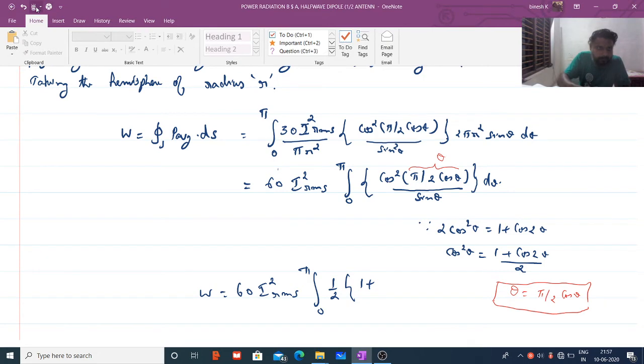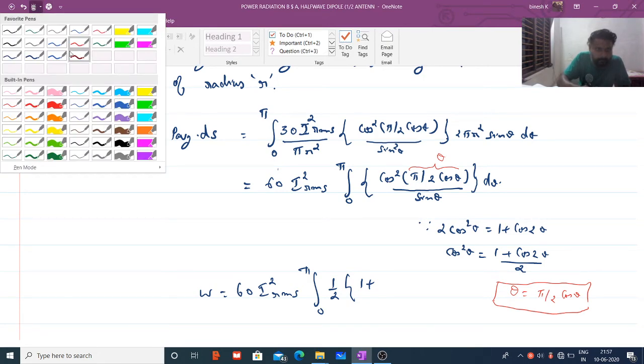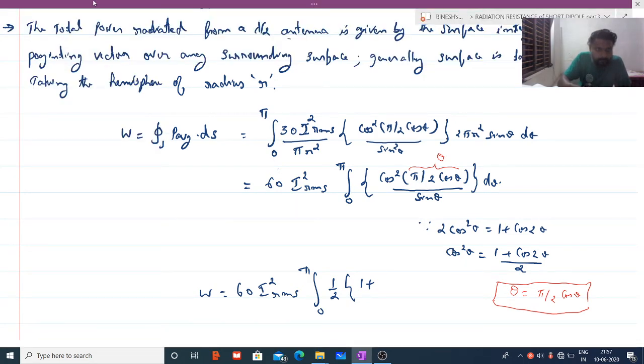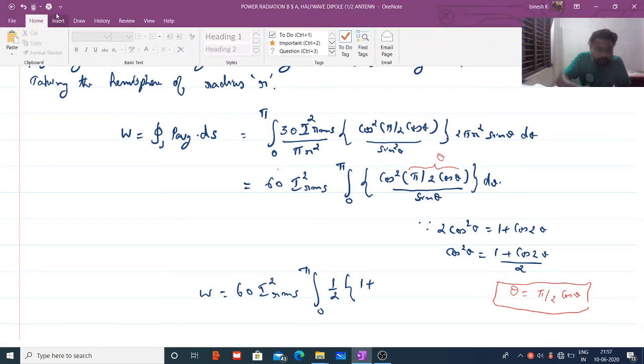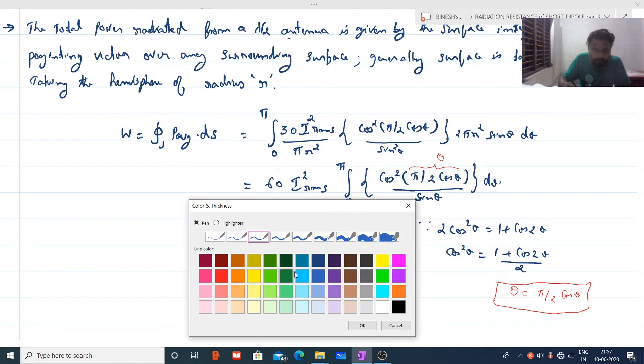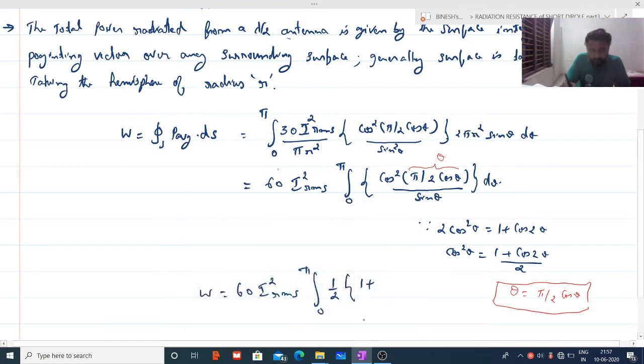I think it is clear for you. One plus cos 2 theta, where theta is pi by 2 into cos theta.